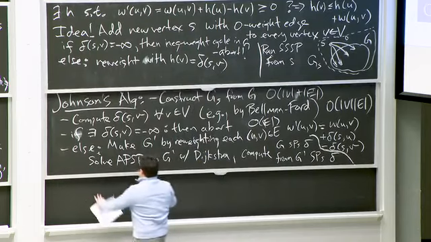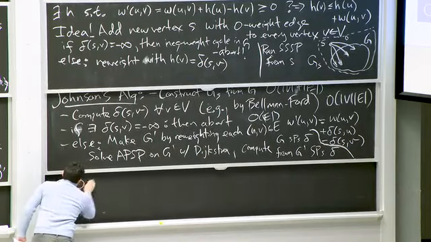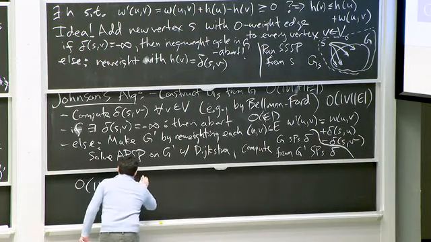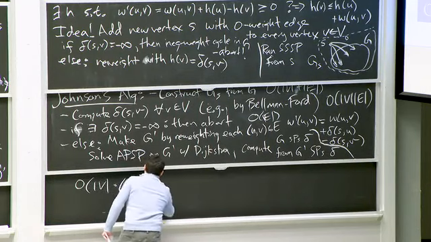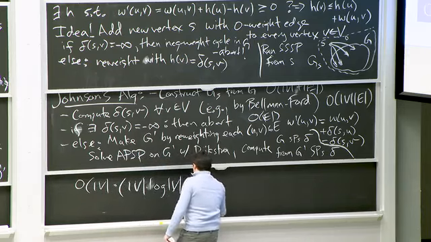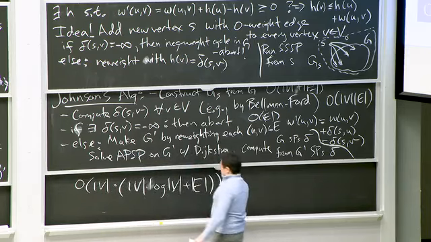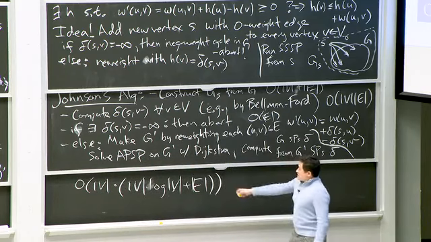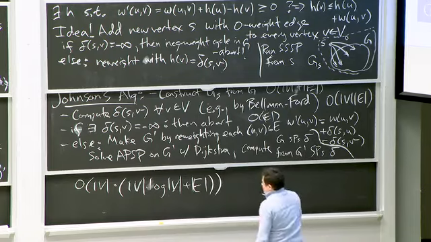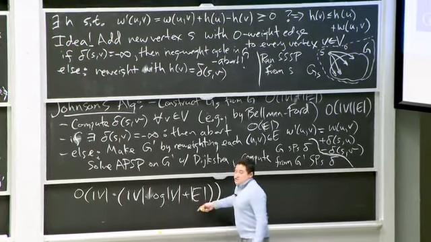That's V times V log V plus E time, right? Which is actually the running time that we were looking for. I wanted to reduce to not using more than this time. We used this amount of time.